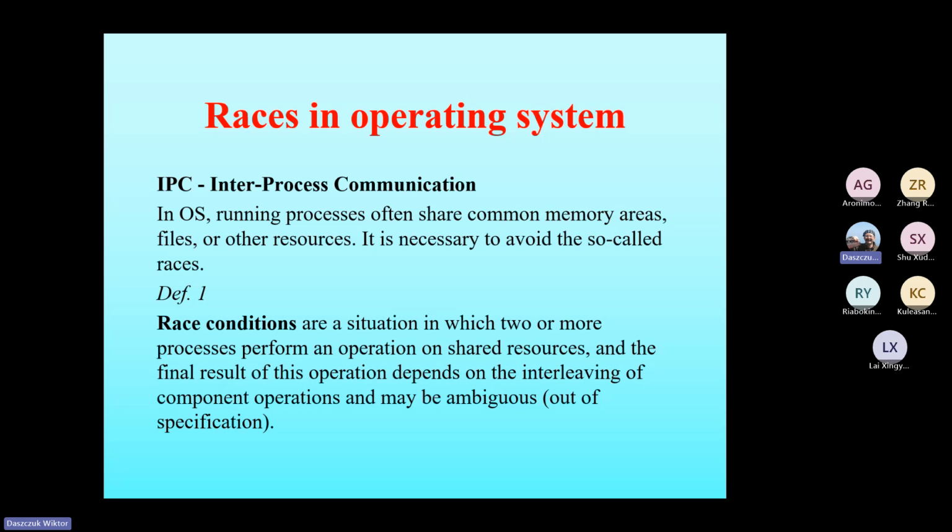So the result is unpredictable. This is a race condition. And system mechanisms for inter-process communication allow to avoid race conditions. So we can build a program which performs in a deterministic way.